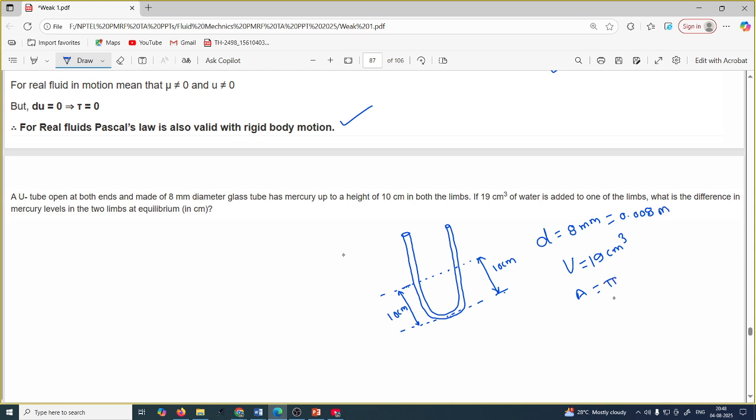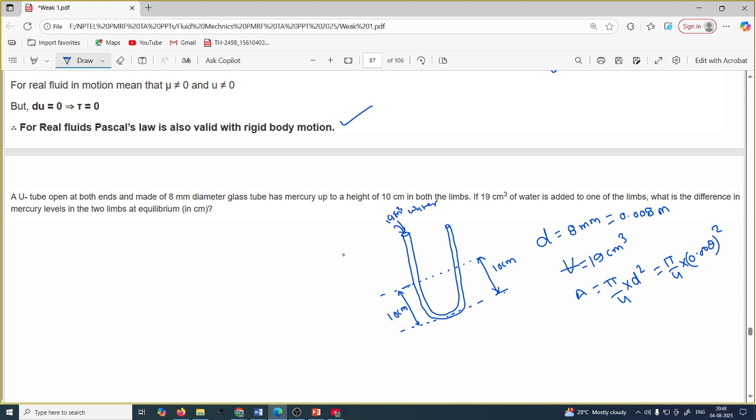So area is pi by 4 into d square, so pi by 4 into 0.008 square. So this is the area. So how much is the height if you put 19 centimeter cube of water?